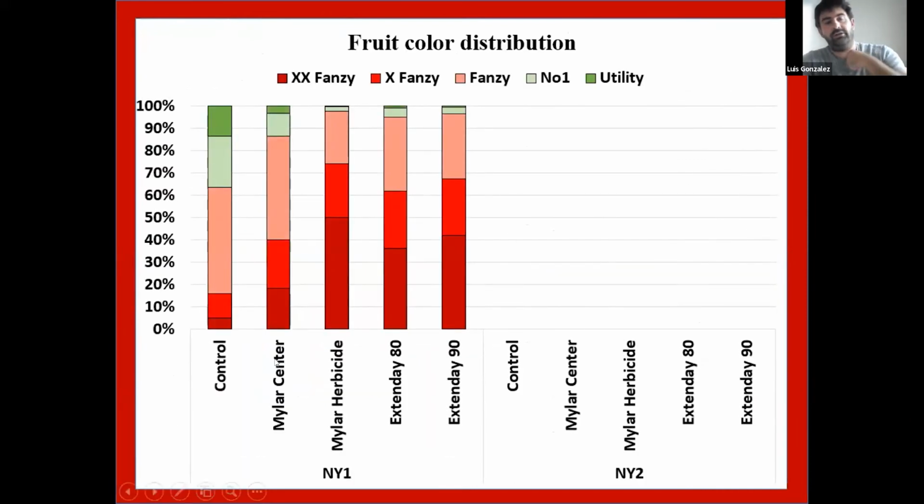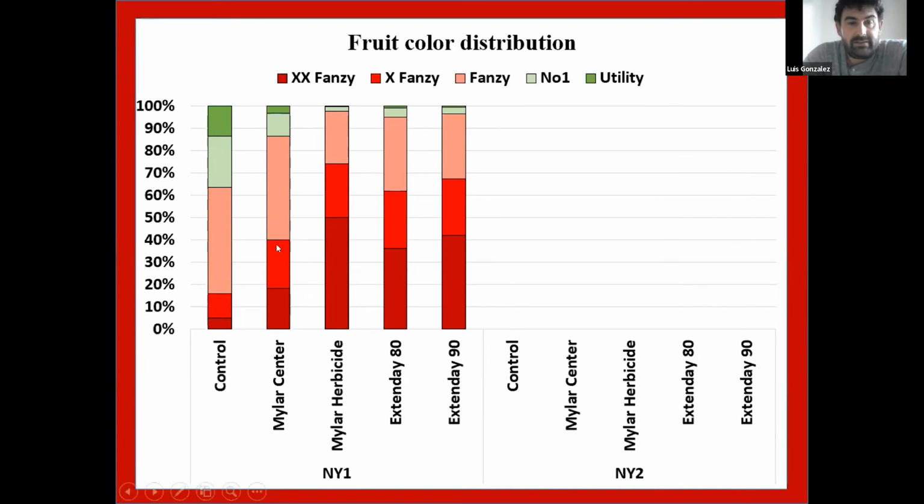This is the fruit color distribution for NY-1. You can see dark red is extra fancy, and the control treatment shows 20% of the extra fancy color.